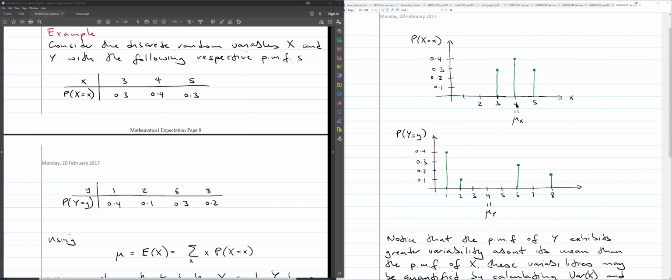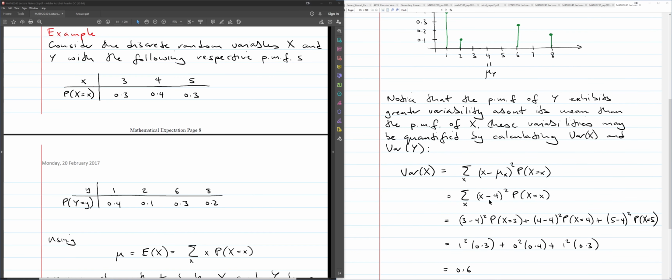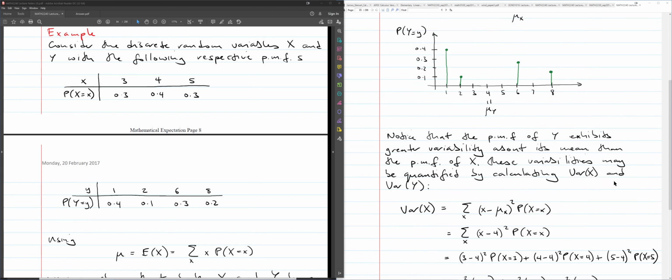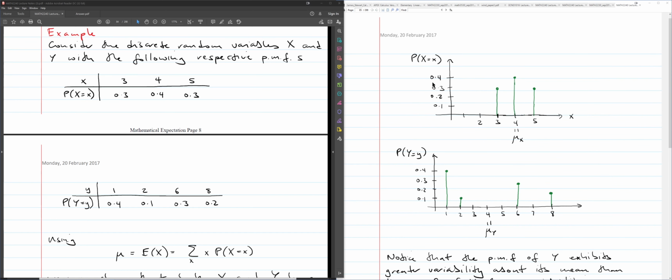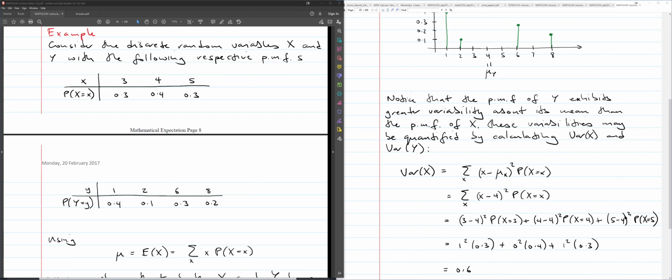So for X equal to 4, we calculate the term in the variance. And then the last one, when X is equal to 5, you're going to have 5 minus 4 squared times the probability when X is equal to 5, and that probability is 0.3.